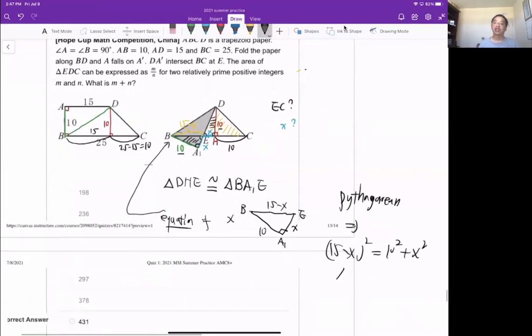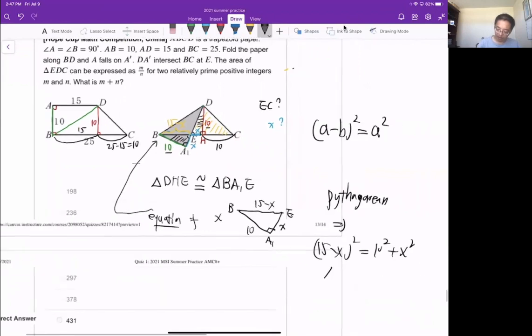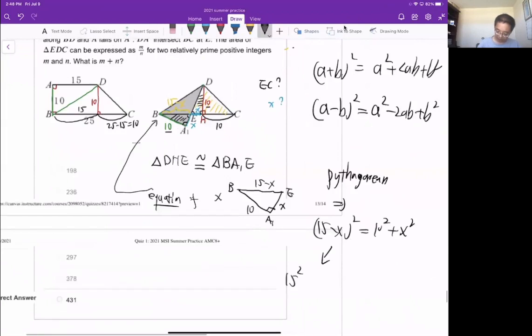Now we need to expand this one, right? Let's recall the algebraic identity. A minus B squared is A squared minus 2AB plus B squared. And similarly, A plus B squared equals A squared plus 2AB plus B squared. So from here, we get 15 squared minus 30X plus X squared equals 10 squared plus X squared.